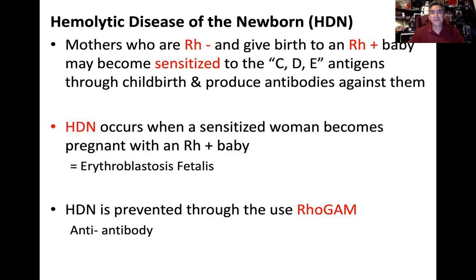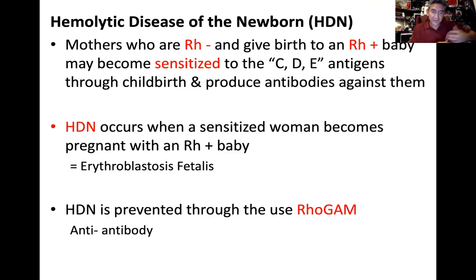Now they don't do that because there is basically a medication. It's kind of like an antibody that helps to desensitize the mom, right? So in case this event happens, the first child is okay, but the antibodies that are produced by mom are distracted.